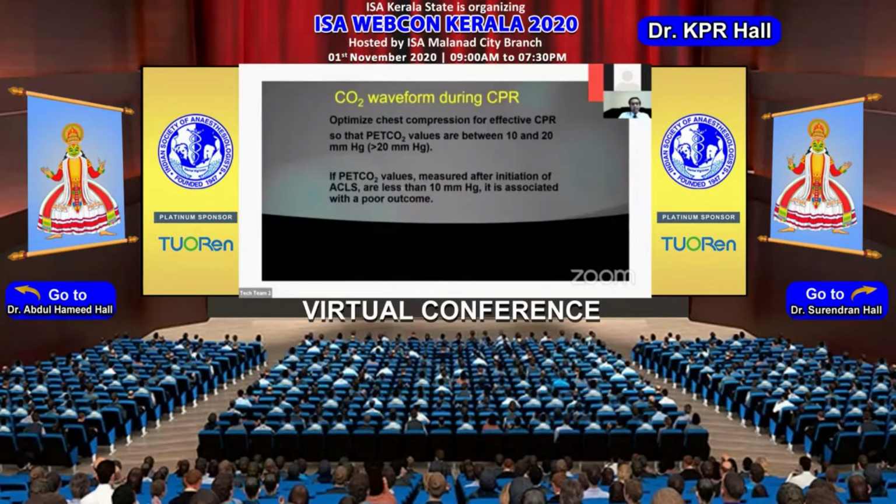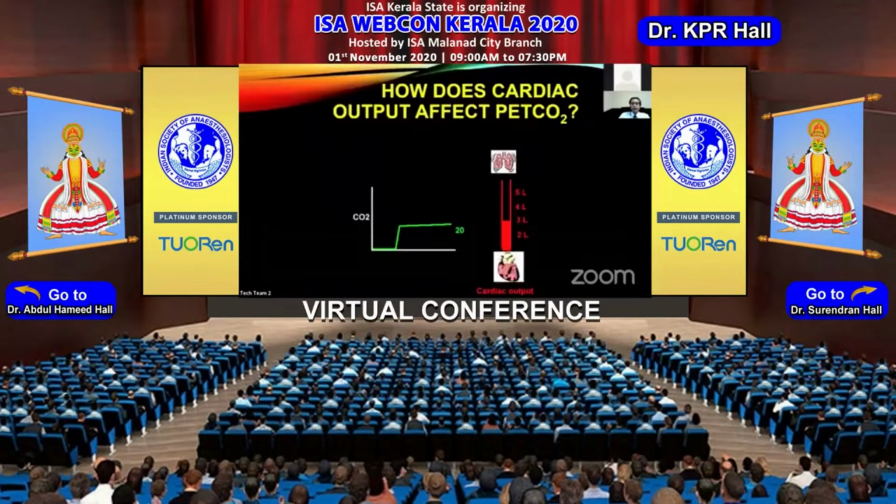If the end-tidal CO2 values measured after initiation of ACLS are less than 10 millimeters, despite a good CPR technique, then it is associated with poor prognosis. Again, I'm emphasizing how cardiac output is directly related to CO2.